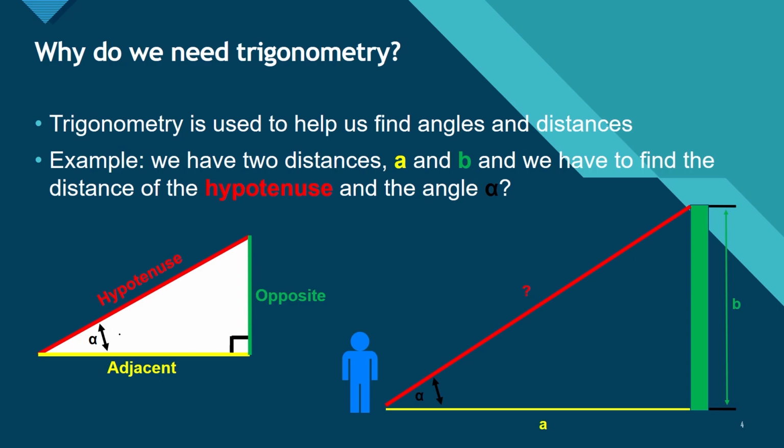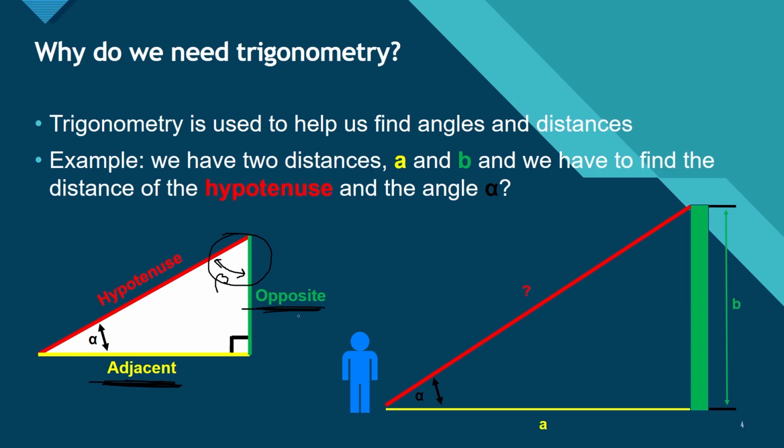Depending on which angle we've chosen, we have the opposite side and the adjacent side. So from the point of this angle alpha, this is the opposite and this is the adjacent side. If we chose, for example, this angle right here, and let's call it beta, then this is going to be the opposite and this is going to be the adjacent side.